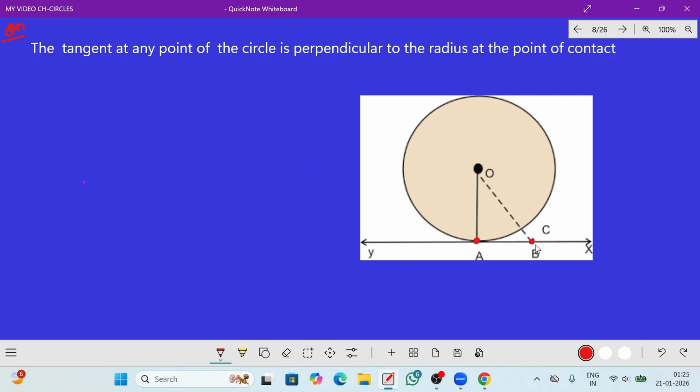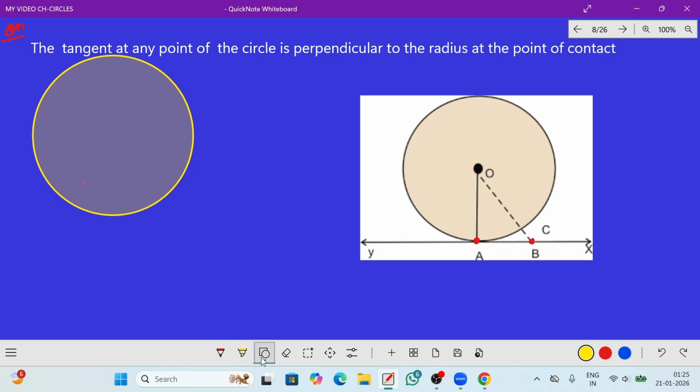Suppose you have got a circle like this, and you have the radius. Whenever the tangent touches the circle at the point of contact here, we can say that this radius is always perpendicular to the tangent.